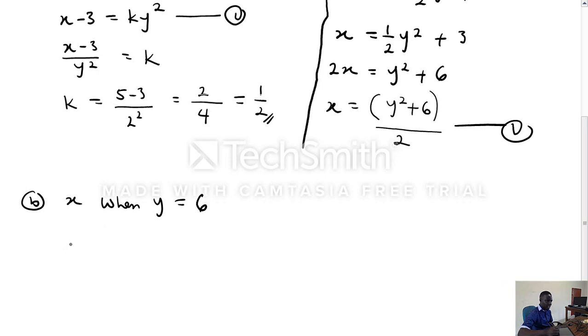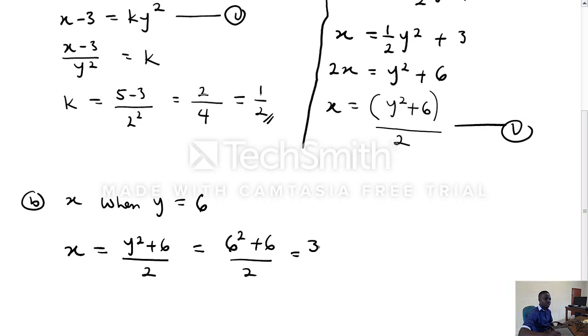But we already know the relationship between x and y to be x is equal to y squared plus 6 divided by 2, which is equal to, y is 6, so we have 6 squared plus 6 divided by 2, which is equal to 6 squared is 36 plus 6 over 2, which will give us 36 plus 6 is 42.